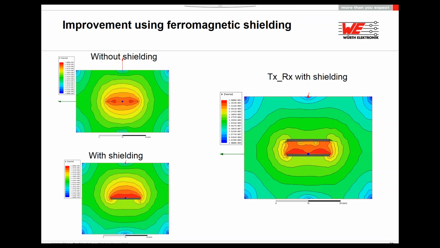Below this picture, you can see a coil with shielding, where the magnetic field is concentrated and doesn't go below the ferrite shield. And finally, the picture on the right side shows a magnetic field between two coils, both with ferrite shielding. From this picture, we can conclude that the magnetic field is concentrated between two coils.